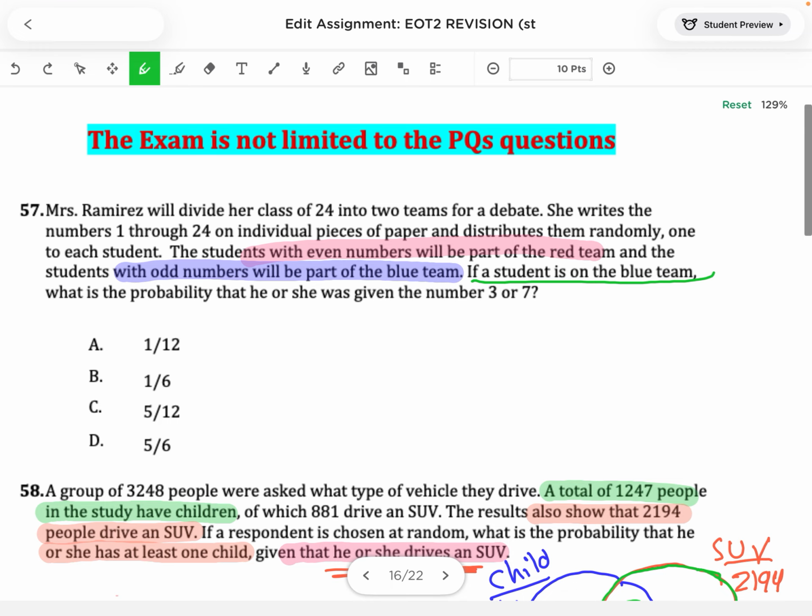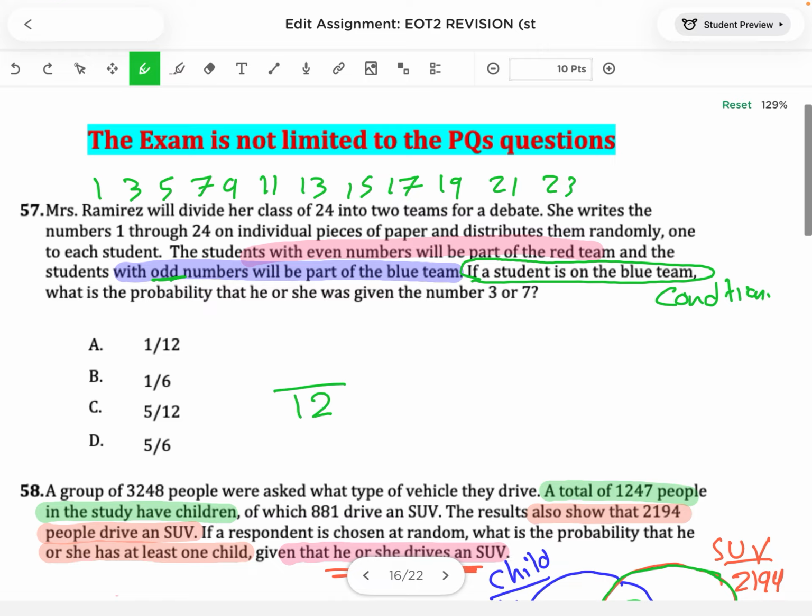So this is the condition. Sometimes the condition is written at the beginning. So the condition is the blue team, which is the odd numbers. What are the odd numbers? It is 1, 3, 5, 7, 9, 11, 13, 15, 17, 19, 21 and 23. How many are these?